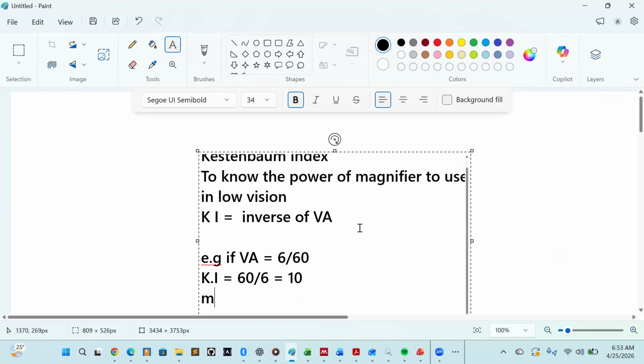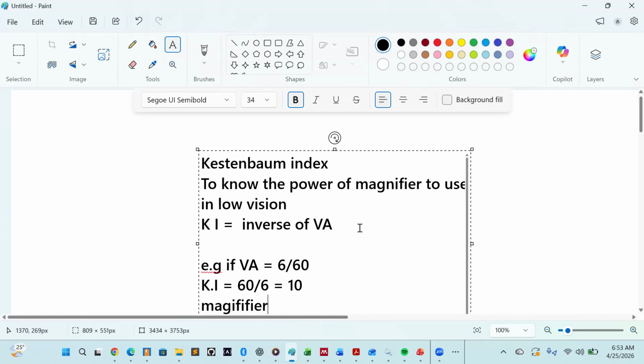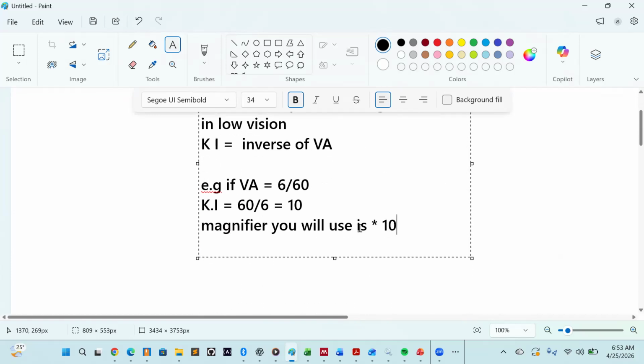So that means the magnifier in use is times 10. That's the meaning. So that's the testable index.